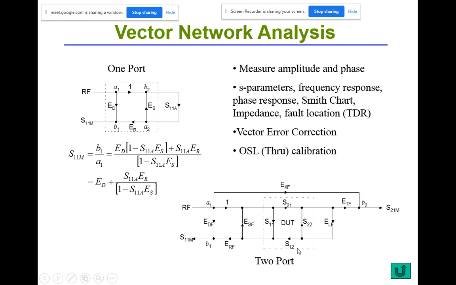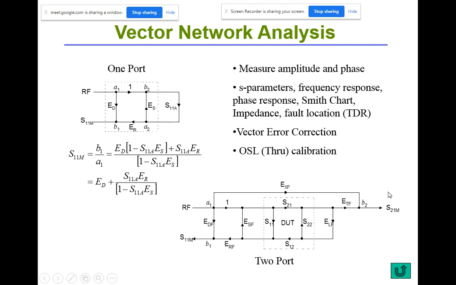Similarly, you need to do calibration, but for two-port calibration, there are more error terms. ED, ES, and ER are called the error terms. For one port you have only 3 error terms. For two port you actually have 12 error terms.